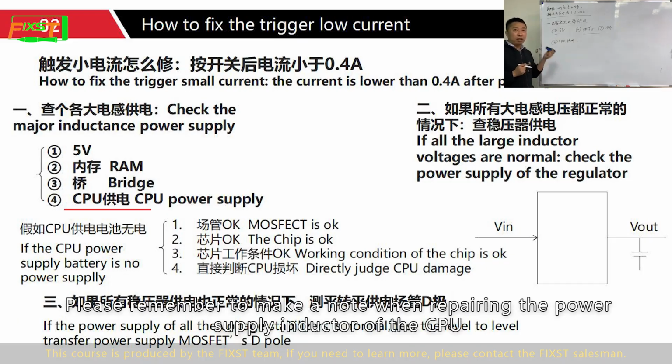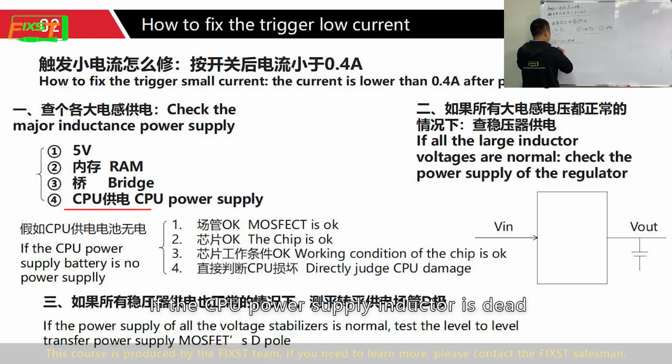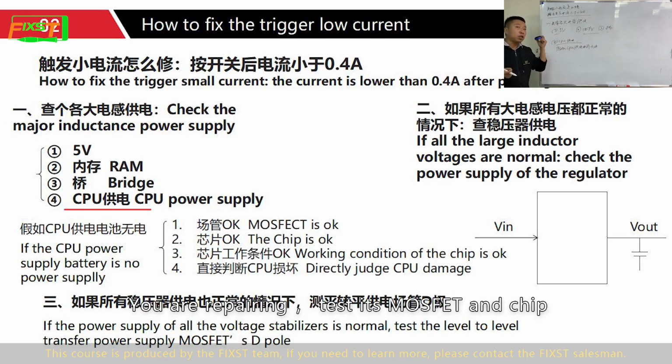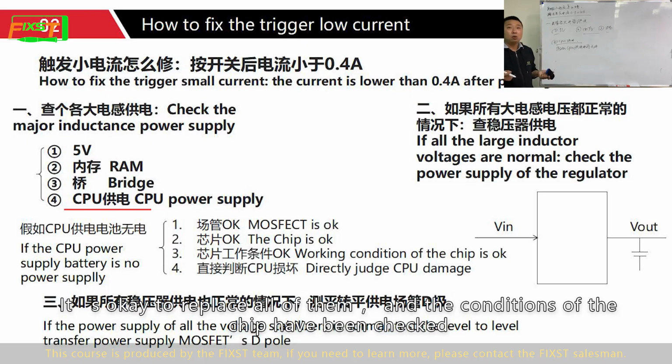Please remember to make a note when repairing the power supply inductor of the CPU. If the CPU's power supply inductor is dead, your repairing test is MOSFET and chip. It's okay to replace all of them, and the conditions of the chip have been checked.